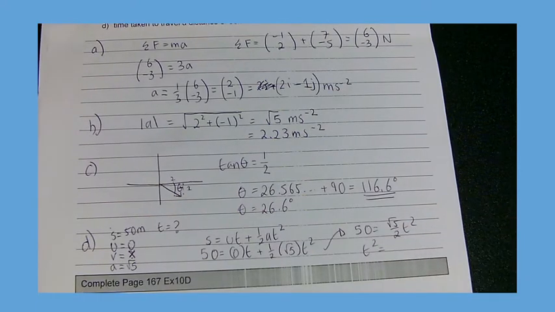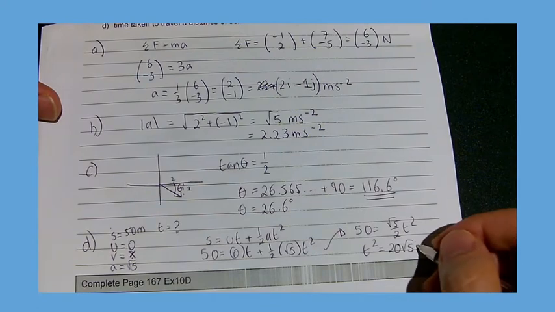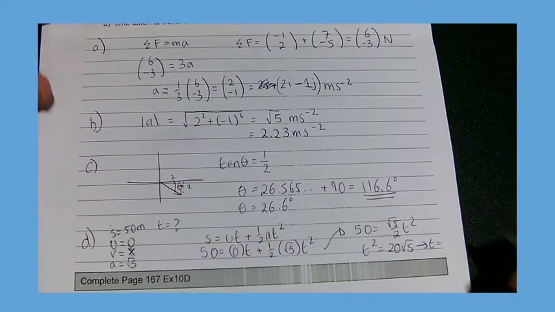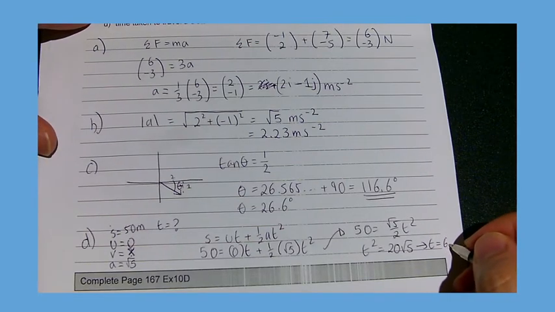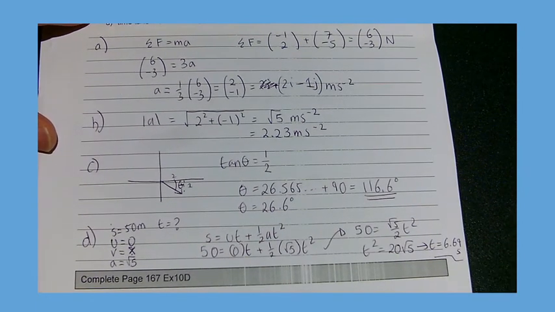Okay, so 50 times 2, then divided by root 5. t squared is equal to 20 root 5. Therefore t is equal to the square root of that, which is 6.69 seconds to 3SF. Okay, that's the final answer.